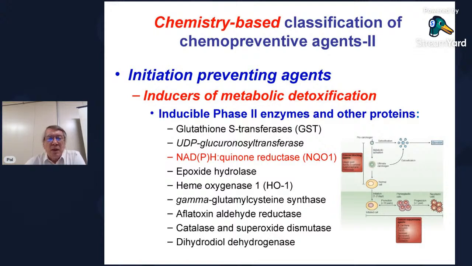Another pathway of the chemistry-based classification of chemopreventive agents is induction of metabolic detoxification, which means induction of the so-called phase 2 enzymes and other proteins, which can eliminate electrophilic species, which are typically formed as a result of metabolic transformation, as we see in the case of dimethylbenzanthracene.